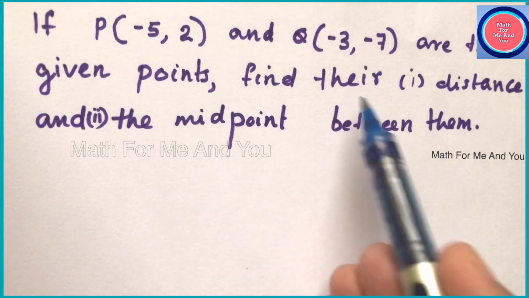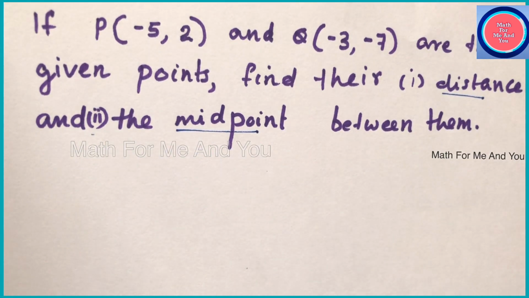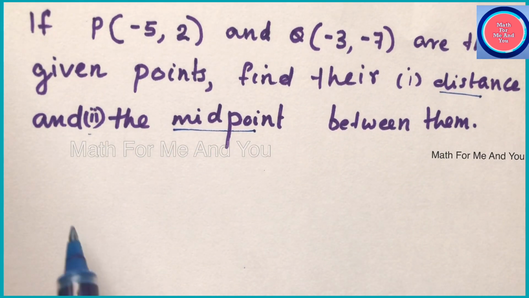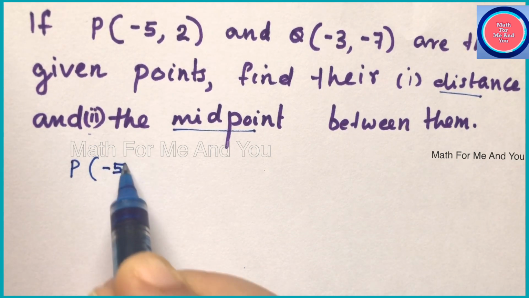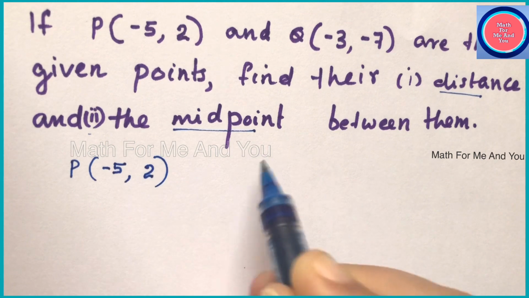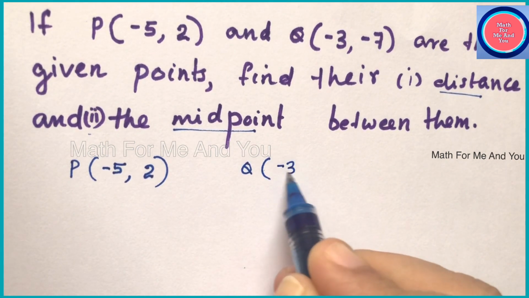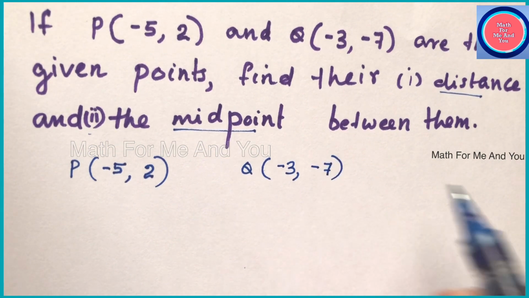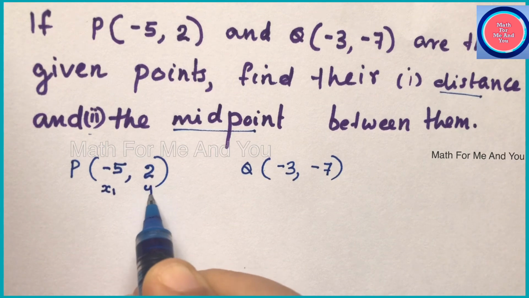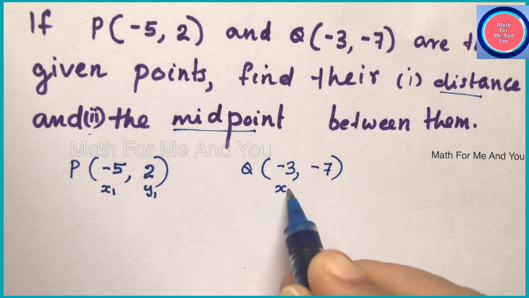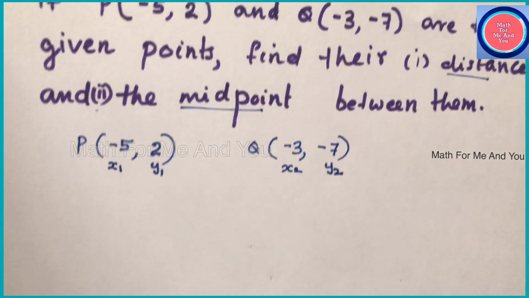If P minus 5, 2 and Q minus 3, minus 7 are the 2 points, find the distance and midpoint between them. If we get a question to find the distance, we write the points P and Q. So we write P minus 5, 2 and Q minus 3, minus 7, and then mark them as x1, y1, x2, y2. x1 is minus 5, y1 is 2, x2 is minus 3 and y2 is minus 7.